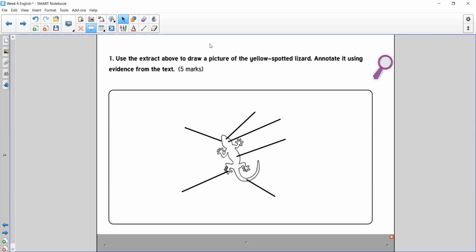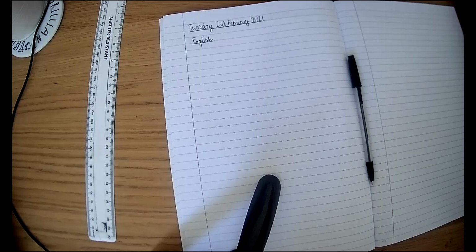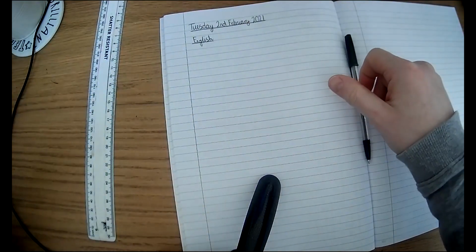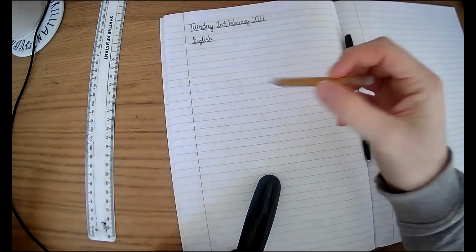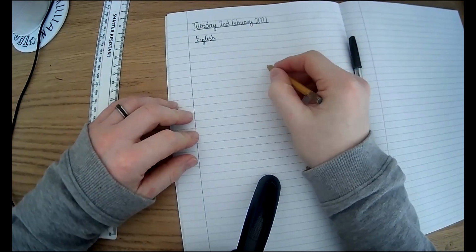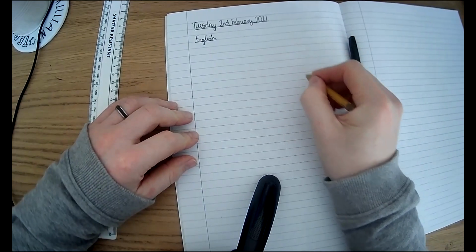So have a go at drawing it. If I stop sharing and share my camera now, you can see my camera. The way I'm going to set it out is, with a pencil, hopefully I've got a pencil somewhere. Let me just have a quick look. Amazing, a lovely little pencil I've got here. So you're going to have a go. It doesn't have to be massive. It's somewhere in the middle of your page so you can annotate all around it.